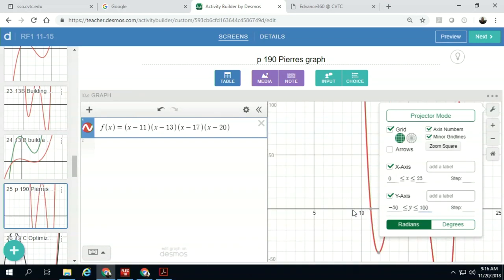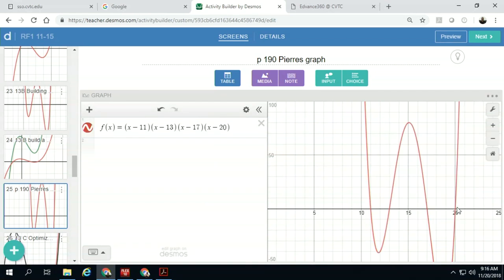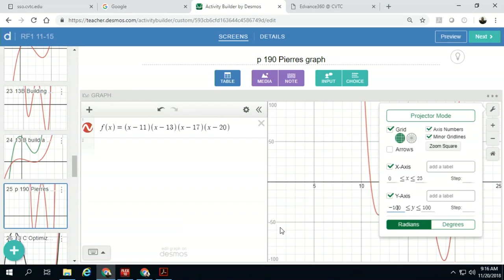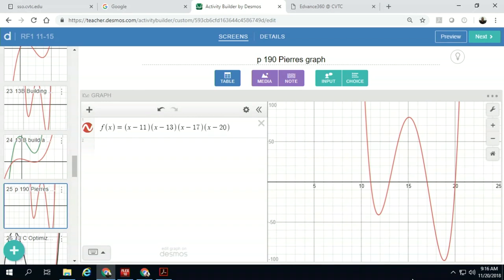Ooh. Negative 50. Did I get my factored form right? What did I do wrong? Oh, I know why. I better go negative 100 to positive 100. I have 2 more steps left to do. Negative 100 to positive 100.